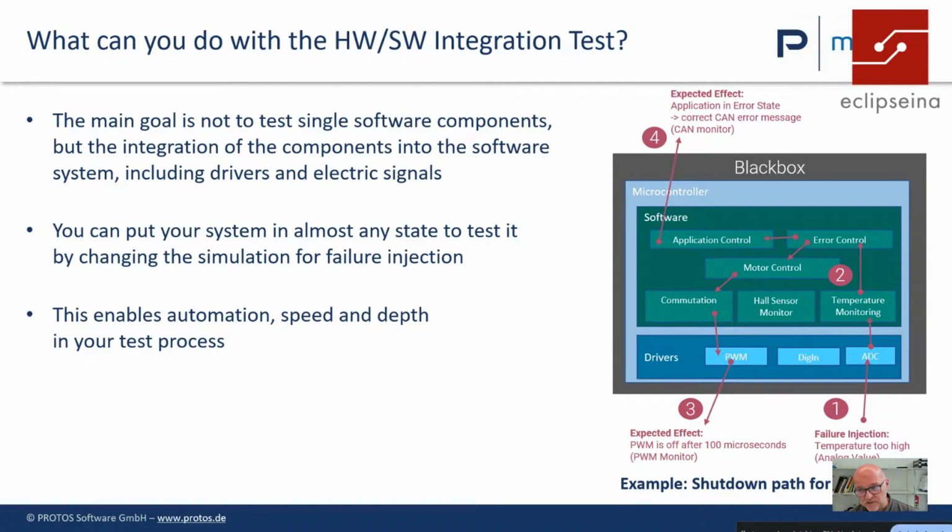If the lubrication does not work and the crane continues to work without lubrication, it might break. And imagine what happens if a crane breaks. This is very, very safety critical. So that's one example of what you can do with this kind of hardware-software integration test. So it's highly system relevant.